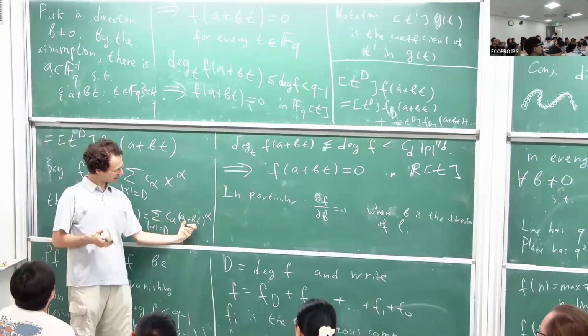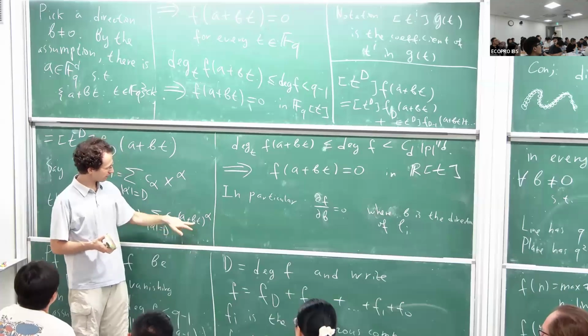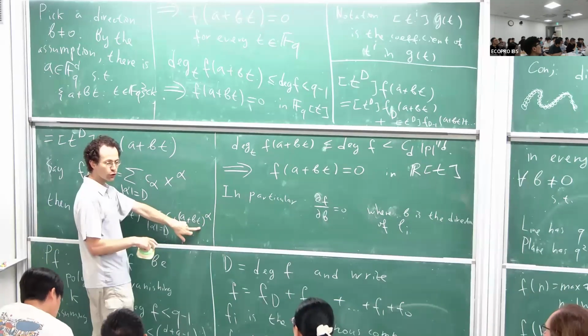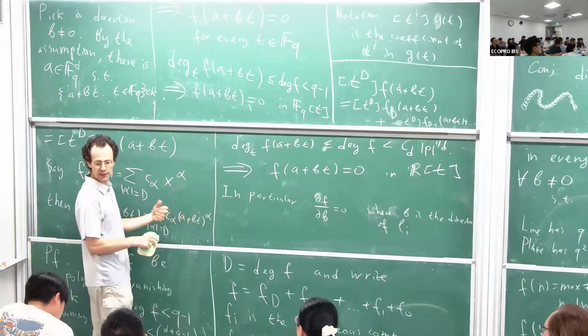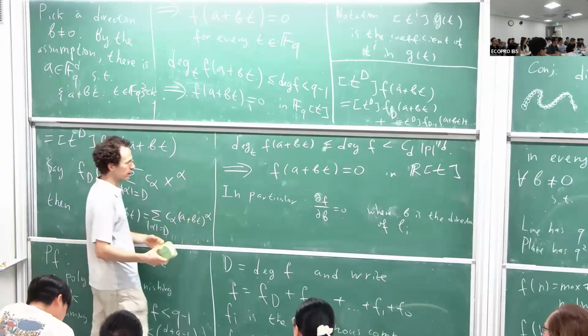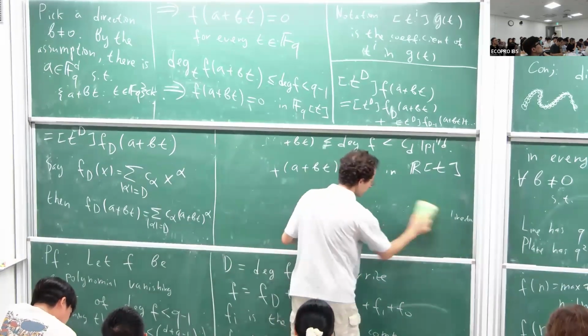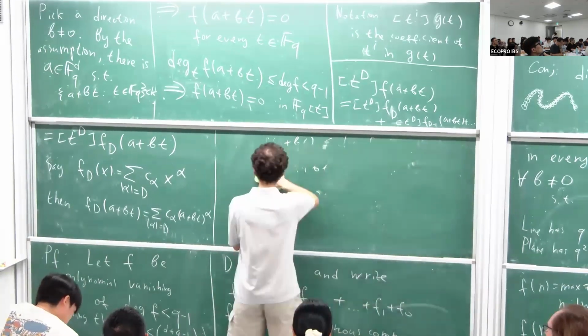When I expand this mess, I have a choice each time: do I choose the a or the b times t term? Well, I have to choose the b times t term, because otherwise I'm not going to get enough powers of t. So the only way to do it is to ignore the a completely.